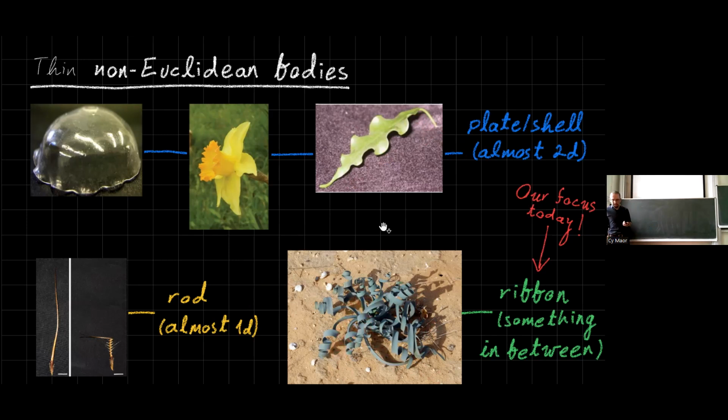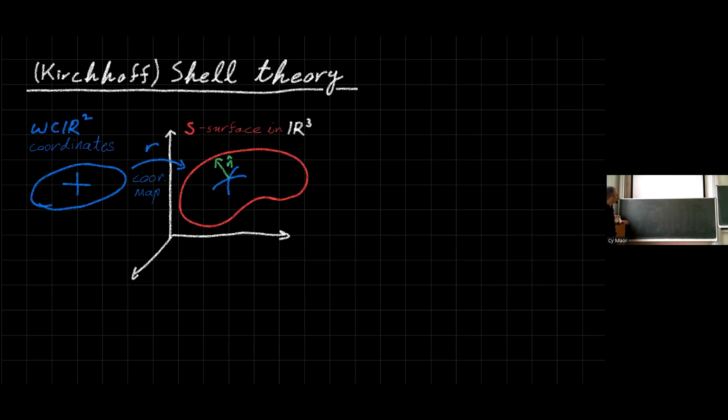So let's analyze this. In order to analyze this, we need to remember a bit of geometry of surfaces in R3. If we have a surface in R3, we have a coordinate domain that I call small omega, and a coordinate map that maps us to a surface in R3.